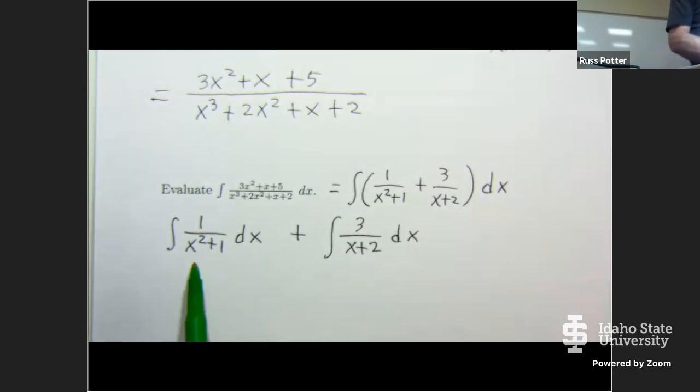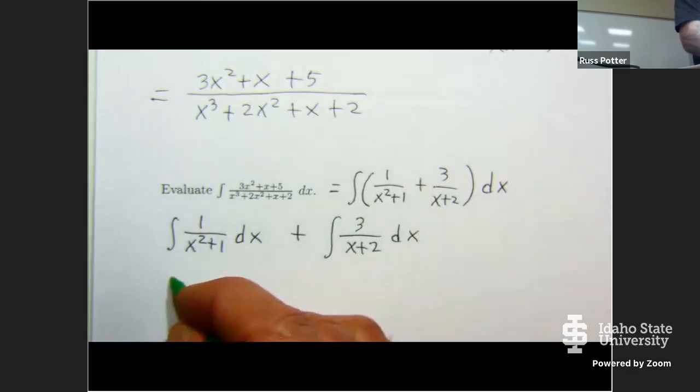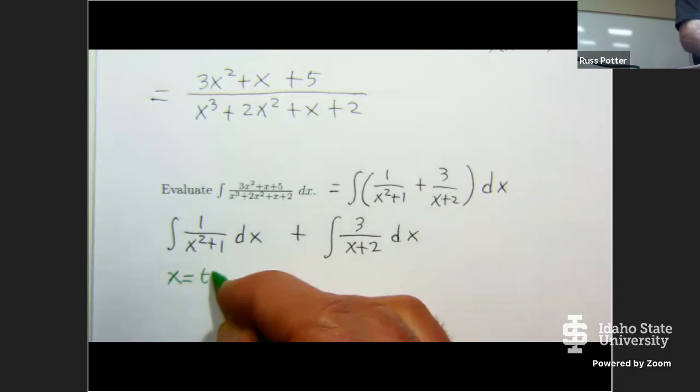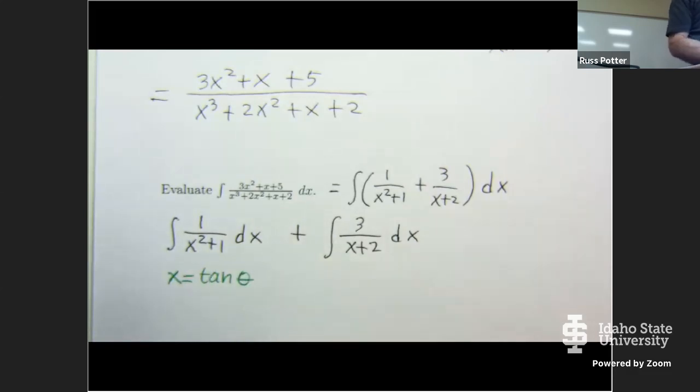So in the denominator, x squared plus 1, if we use a trig substitution, x equals tangent of theta, then dx is secant of theta squared d theta.